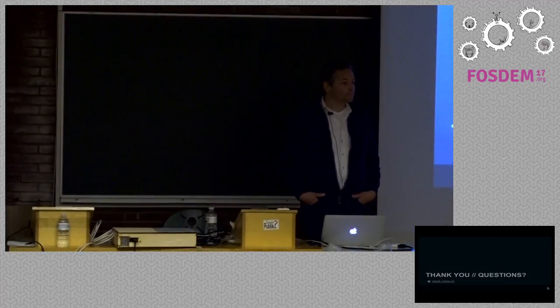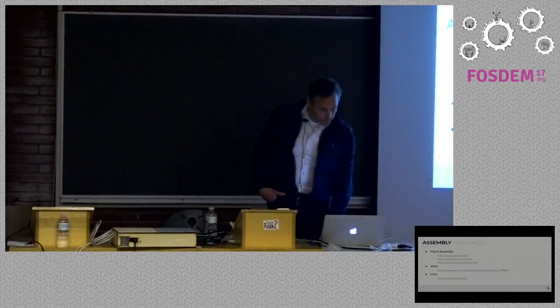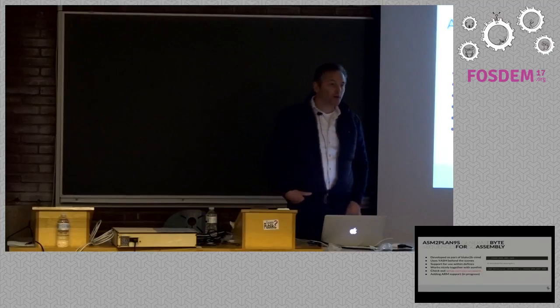I was just wondering, how did you write the assembly? I mean, you showed us all these opcodes. Did you use some other assembler and then extract this, or how did you? For that, we developed this tool.